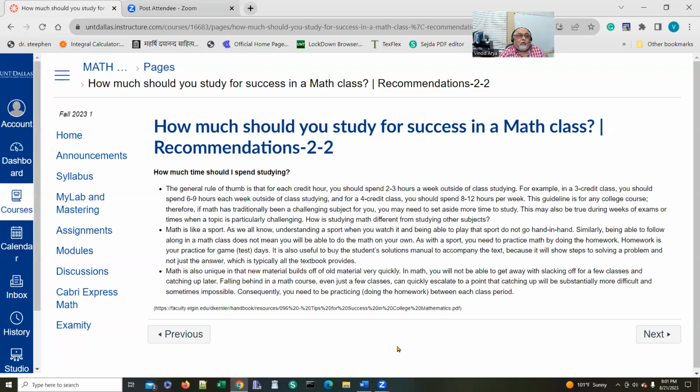Okay, another good pointer here for you: how much time you should study. A lot of research has been done, and it has been found that for each credit hour, you should approximately be spending 2 to 3 hours a week. So if you have a 3 credit hour class, as is our class, you should be spending at least 9 hours.